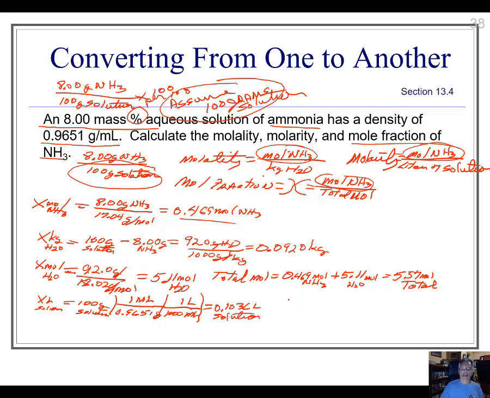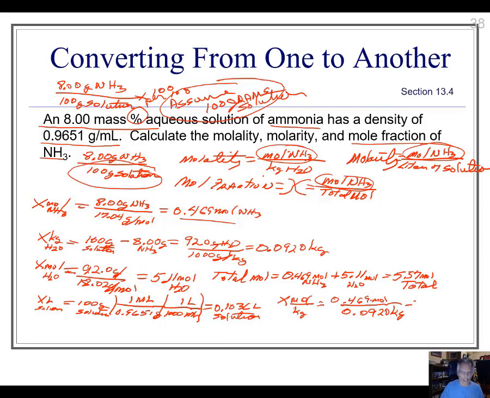Okay, let's go ahead and do molality first. So that's going to be X moles per kilogram, and that will be 0.469 moles of ammonia divided by, how many kilograms did we have? 0.0920 kilograms.